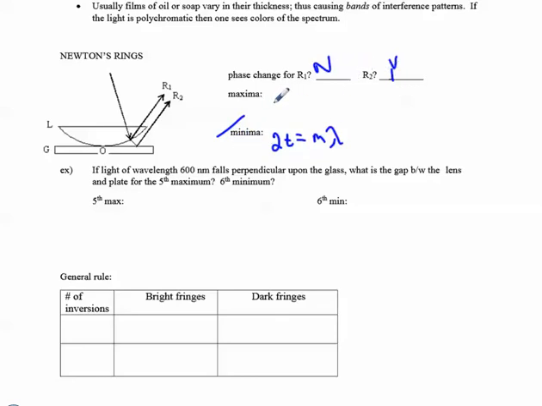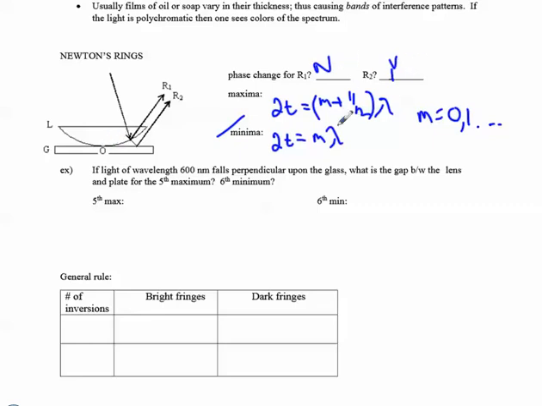So it would make sense then that the maxima would occur when 2t equals (m plus 1/2) lambda, just the opposite. And again, m is going to start off with 0, then 1, and so on and so forth. So if we look right here where there is no gap, that's going to be an area of minimum.